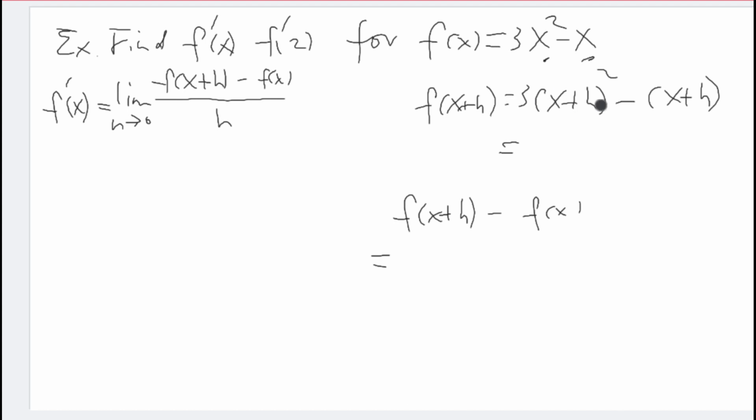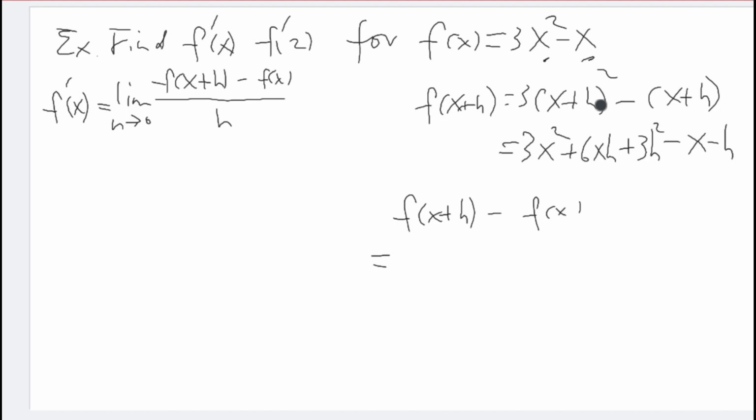So if we do that, we will have 3x squared, 6xh, 3h squared. That would be the first term. And then the negative multiplied through. That's kind of obvious. All right, so we got the expression for f of x plus h.